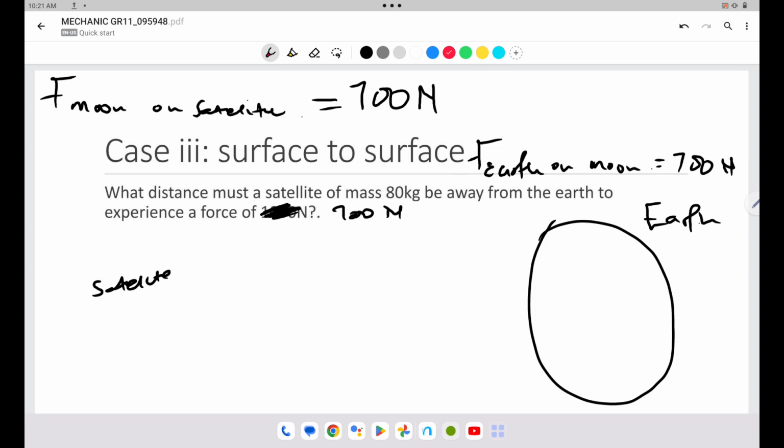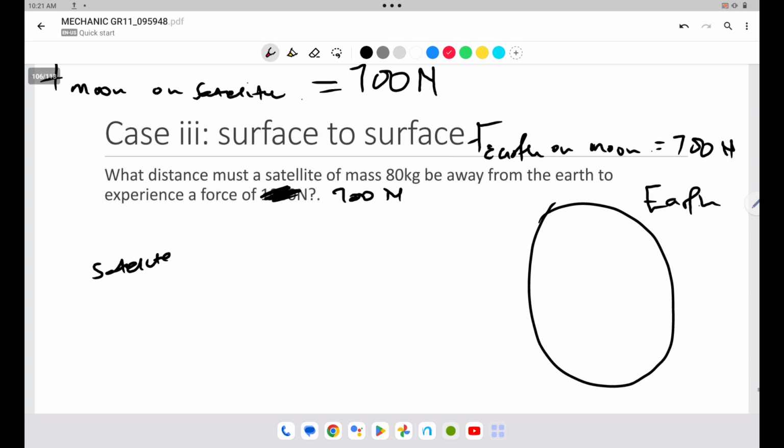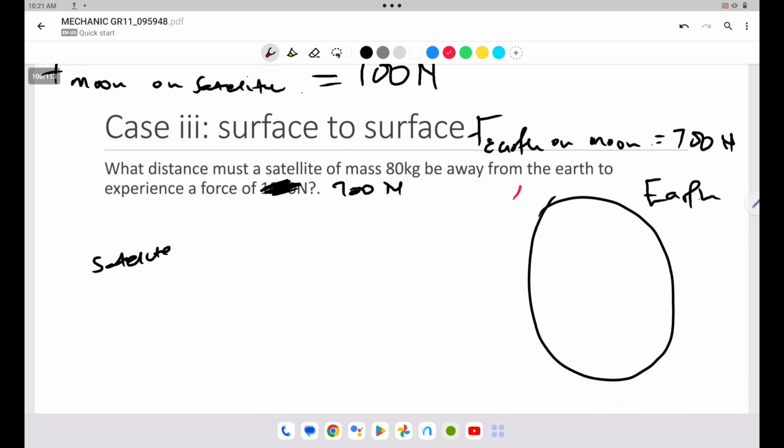Remember, we are having Earth. Let us think of Earth as our object A, the satellite as object B. Newton's third law of motion says, if A, the Earth, exerts a force on the moon, then the moon, oh, why did I say moon? Sorry, I meant to say satellite, and I realized that I actually wrote moon here. That was supposed to be satellite.